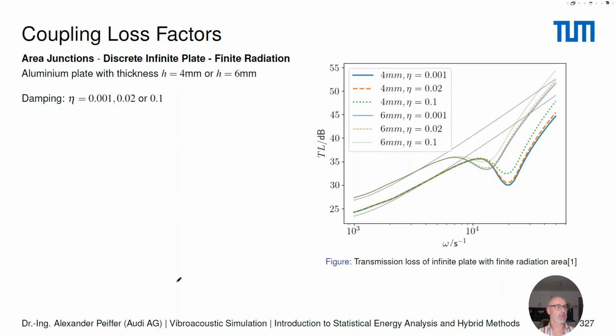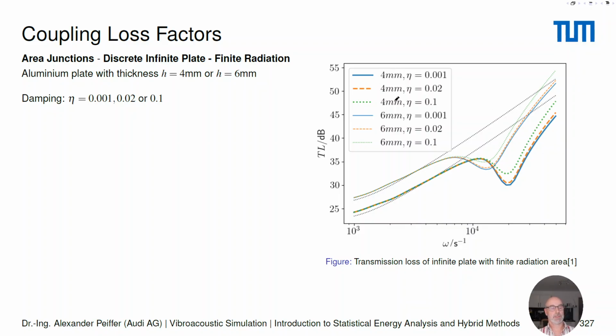Okay, the next thing is that we use this finite formulation of the plate, and not only the mass formulation, and we use 3 constants of damping in the plate: 0.1%, 2%, or 10%. And if we do so, we have this typical phenomenon. Just imagine that we have a plate of 4 millimeters.